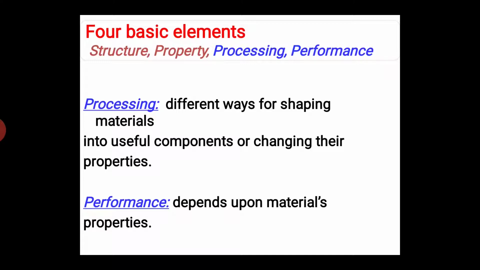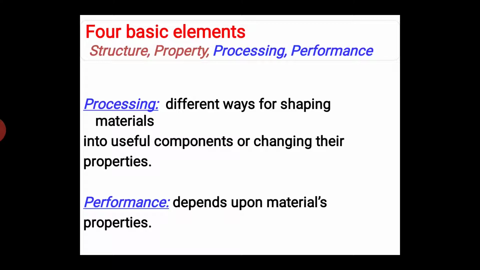As I have already told you, in the manufacturing process we have studied the different manufacturing processes. It may be a casting process, a forging process, or a rolling process. All those processes we have studied in manufacturing. While performing a certain manufacturing process, we will have to study the material. Then performance depends upon the material properties.